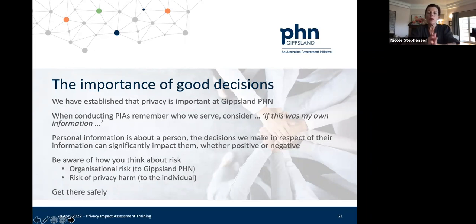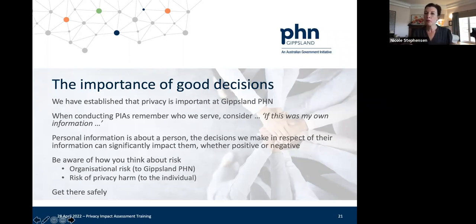It's also really important, I think, to come back to that early discussion that we had, where I was saying, look, everyone has a different threshold in terms of what privacy means to them. Well, maybe that's actually an okay starting point, that if we're thinking about privacy impact assessments as an opportunity to serve the community through good decision making, we also can look at them as an opportunity to say, wow, if this was my personal information that was involved in this project that I'm doing, how would I like to see it managed through its life cycle?